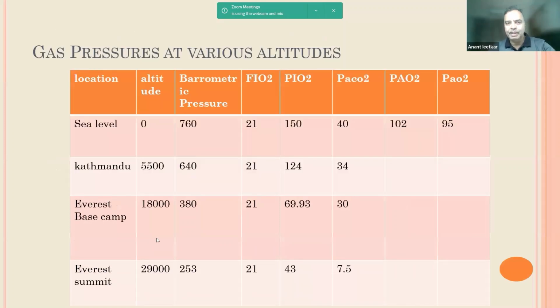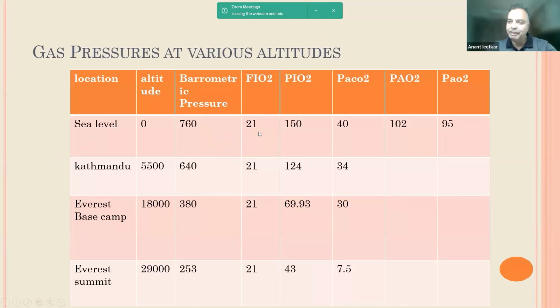Now we have some calculations here. At sea level, our barometric pressure is 760. FiO2 is 21%. So 760 minus water vapor pressure of 47 is 713, multiplied by FiO2 of 21%, that is 21 divided by 100.